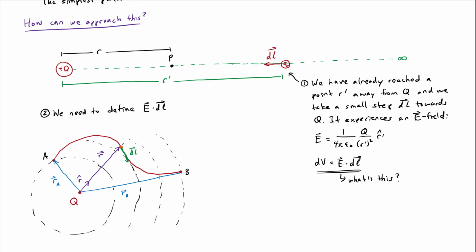And I'm going to extend the line for R so that we can define an angle theta between R and dl. The next thing I want to take a look at is just this area here. I'm going to zoom in.